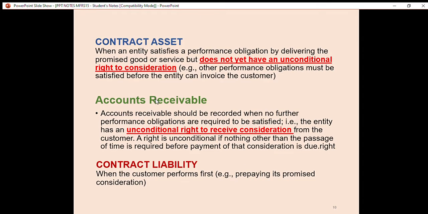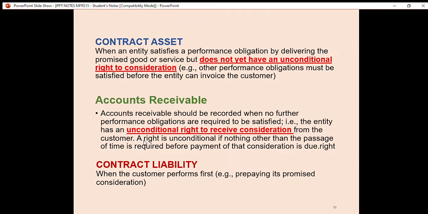And then for accounts receivable, we will record the accounts receivable when no further performance obligations are required to be satisfied. That is, the entity has an unconditional right to receive consideration or payment from the customer. A right is unconditional if nothing other than the passage of time is required before payment of that consideration is due.